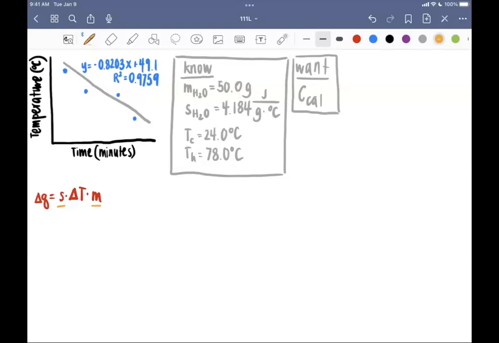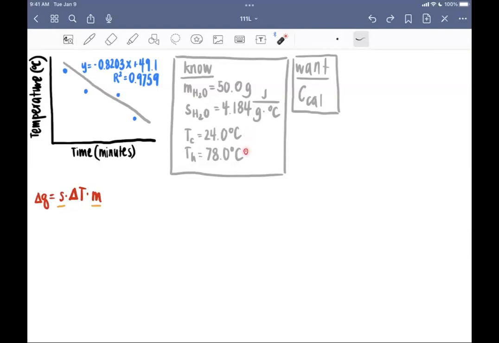But at this point, we're not really familiar with how we're going to get that change in temperature. You might be wondering, well, I have two temperatures here, but you'll recall that this temperature of 24.0 degrees Celsius is representing the temperature of water before the experiment.